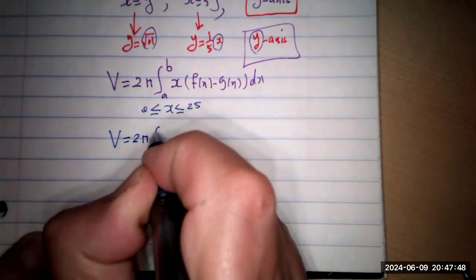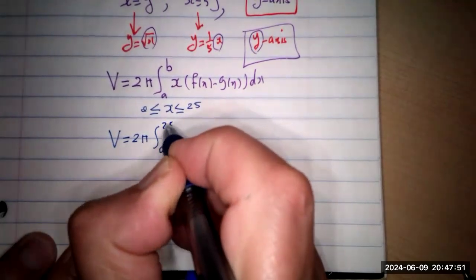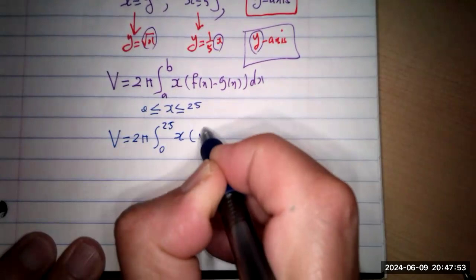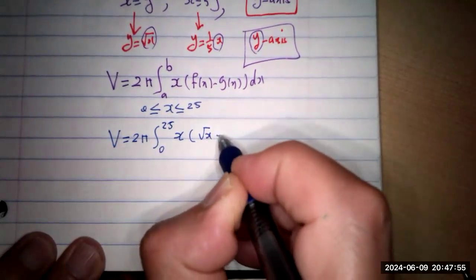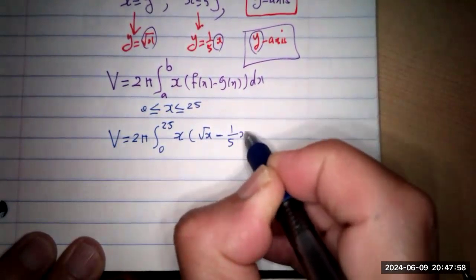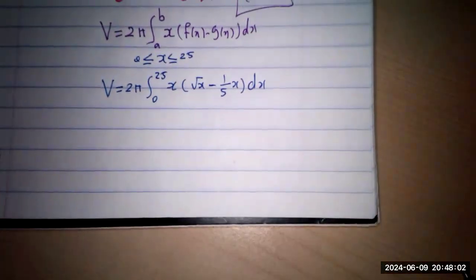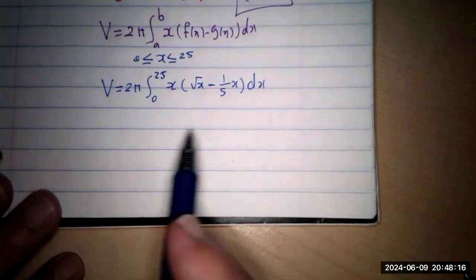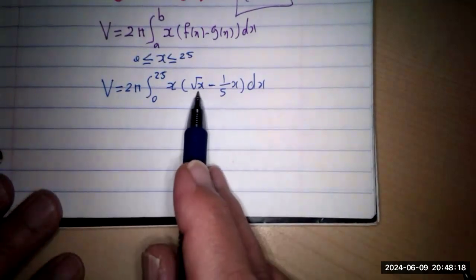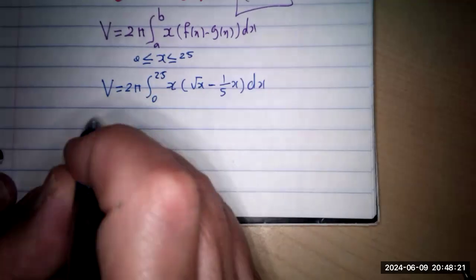So it's going to be 2 pi from 0 to 25 of x times the difference, radical x minus a fifth of x, dx. That's it. Patiently, you have to get this one done to get the final answer. So what we do, we distribute it first. You can change this one to x to the half and do the job.